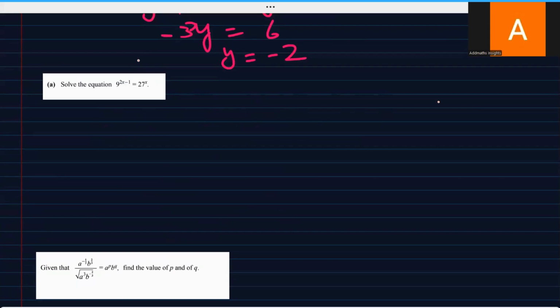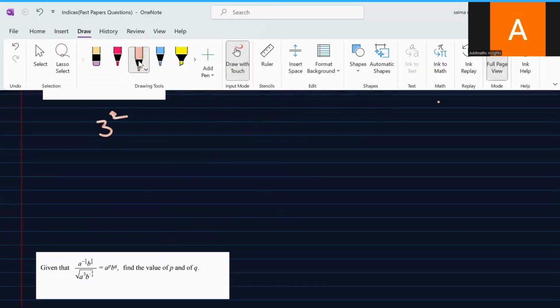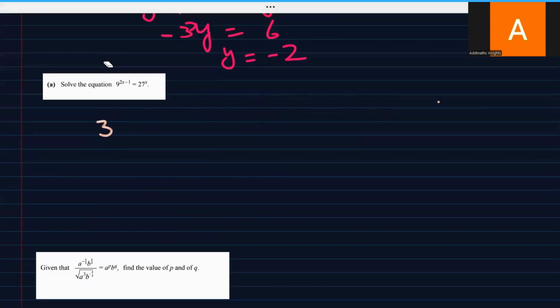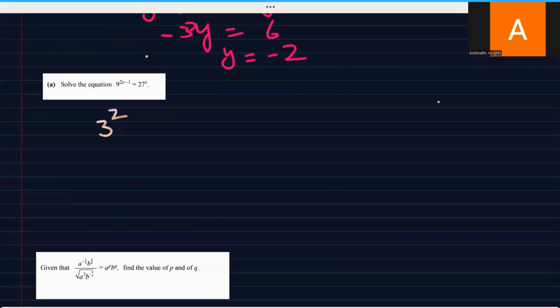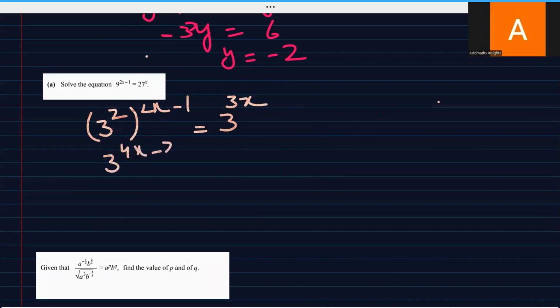So 9 can be written as 3 squared, whole raised to the power 2x minus 1, is equal to 3 cube. It becomes 3x. Now you multiply this. It becomes 4x minus 2 is equal to 3 cube x.